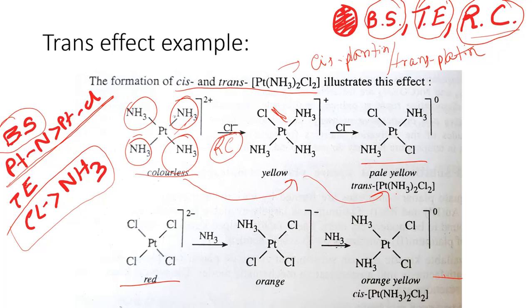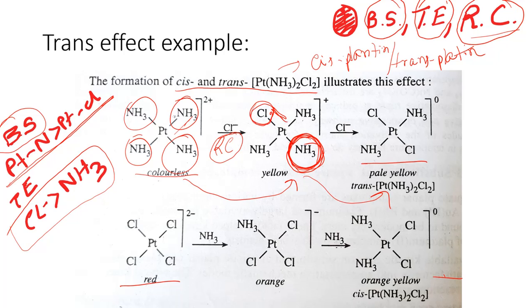In the next step, we are again replacing one ammonia, or one NH3, with a Cl- ligand. If we consider this NH3 which is being replaced, it is basically trans to this chlorine.